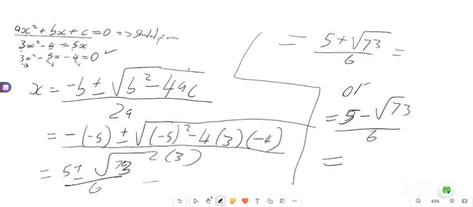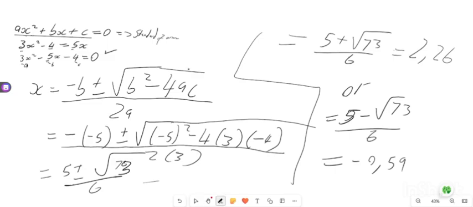Then we calculate. The first answer is 2,26, rounded off to two decimal places, then the second one is negative 0,59.